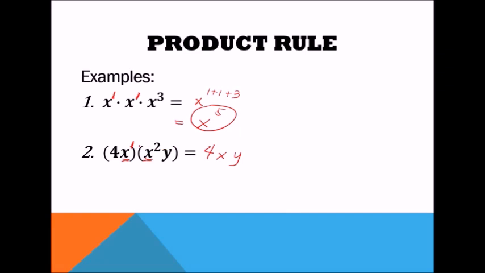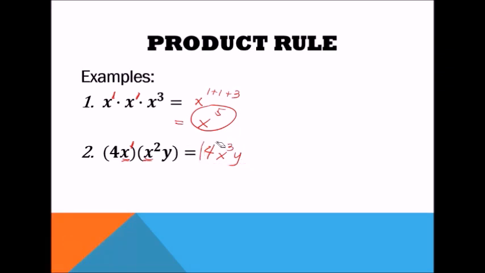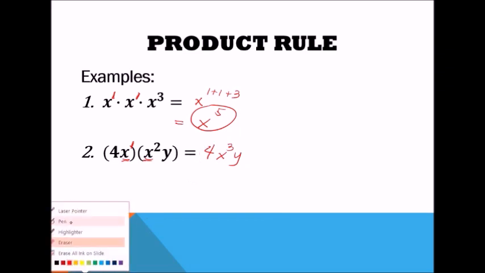We have 1 plus 2, which is equal to 3. Okay, let me just fix my circling. Eraser. It looks like 14 now. Okay, so that is our product rule.